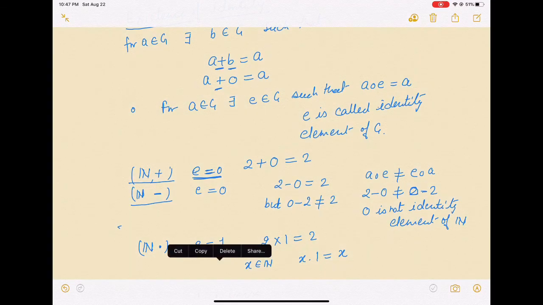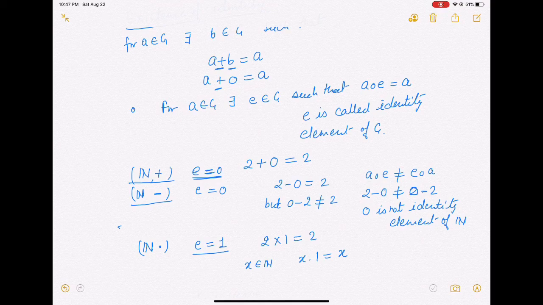But because we talk here about the set of natural numbers, we also have to see whether this 0 belongs to N or not. This is okay, 2 plus 0 always gives us 2. But 0 is not a member of N. It means the identity element does not exist in the set of natural numbers.